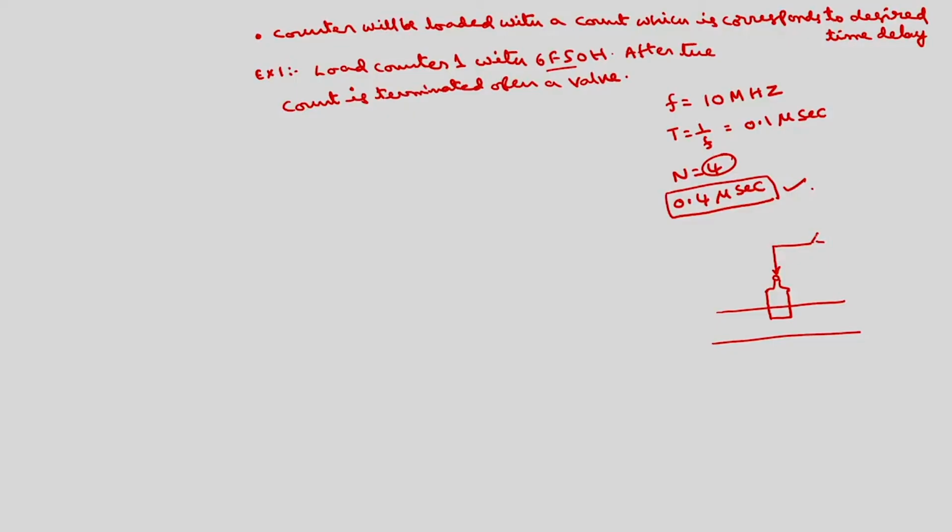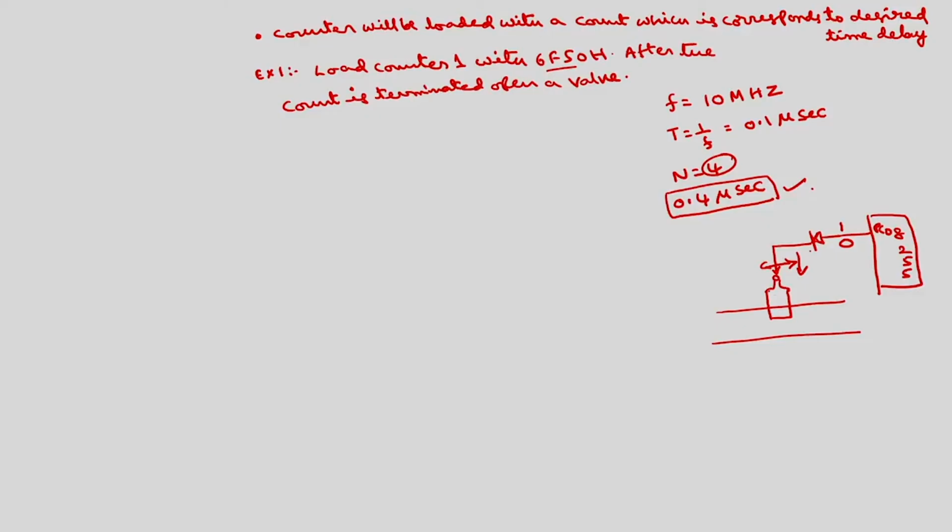This valve can be on or off. This I am going to control by using 8255. If I connect this to the 8255 of the 8086 kit, say PC 0, if this is 1, the valve will be opened, so liquid will flow into the bottle. If this is 0, the valve will be closed, so there will be no liquid into the bottle.